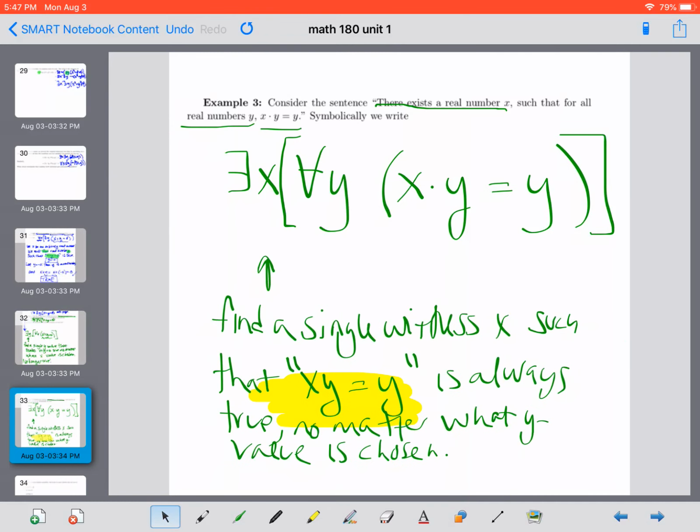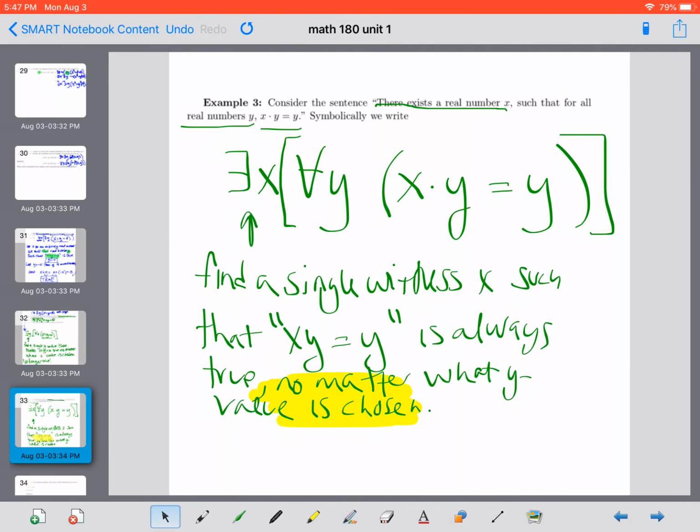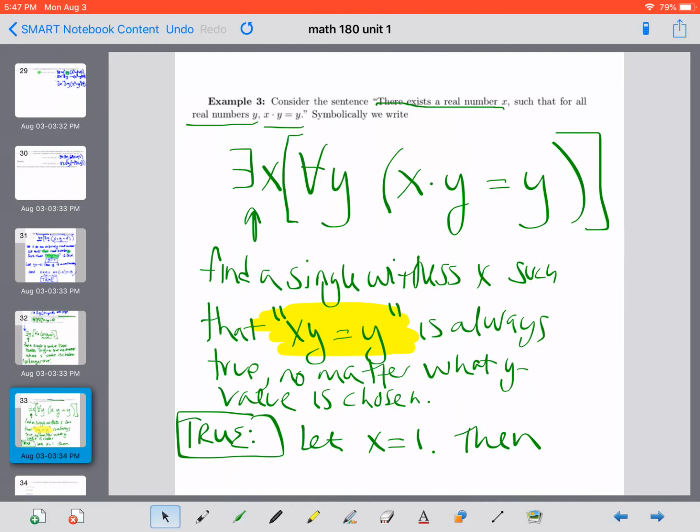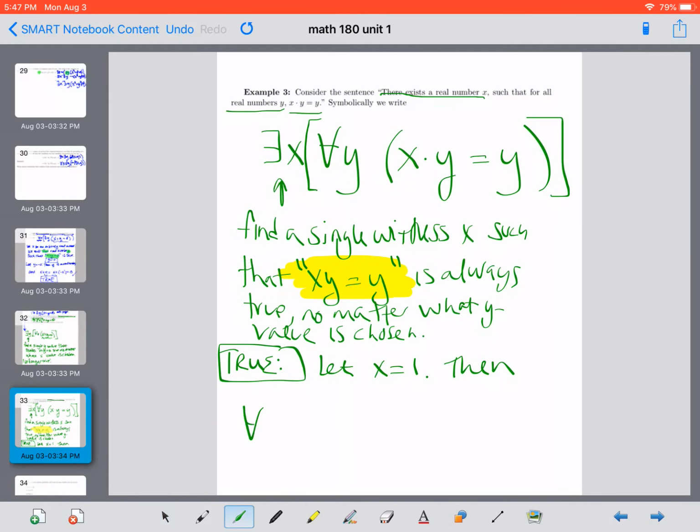What can you always multiply y by and get y back again? Well, that's going to be 1. So this is actually true, and here's why. Our witness is going to be let x equal 1. Then essentially what we would need to show is that for all possible y values, we have 1 times y is equal to y.